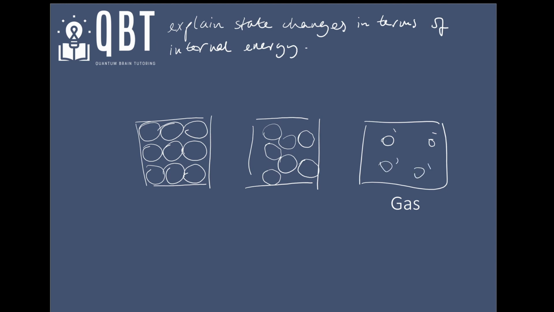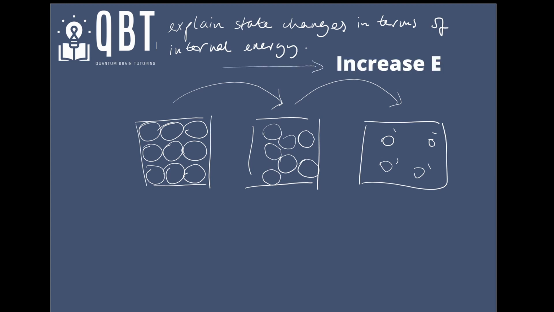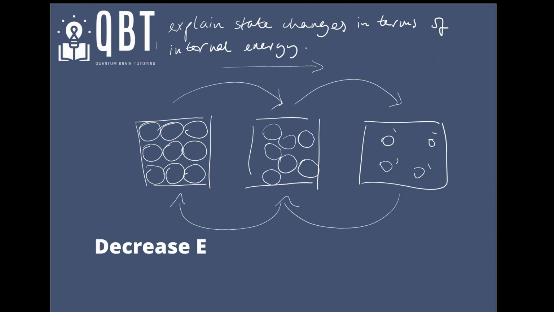As we increase the temperature of a system, we can effectively increase its energy, and in doing so we can change the state. So if we're going in this direction, we're increasing energy and going from solid to liquid to gas, and if we're going in this direction, we're decreasing energy, and a way of doing that might be to decrease the temperature.